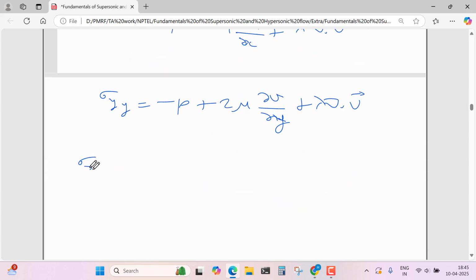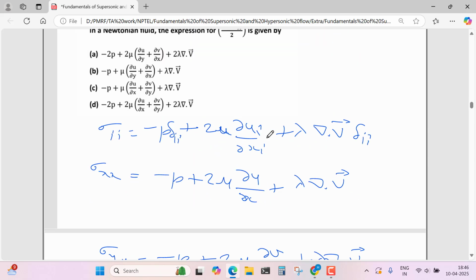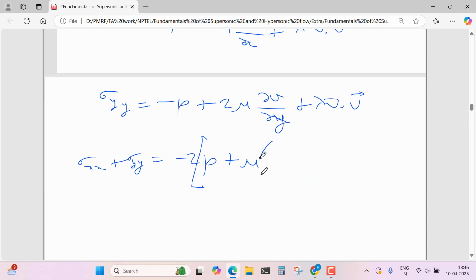So the sum of these two will be sigma xx plus sigma yy equal to minus 2p, we'll take 2 common, plus mu times dou u by dou x plus dou v by dou y, plus lambda del dot v.